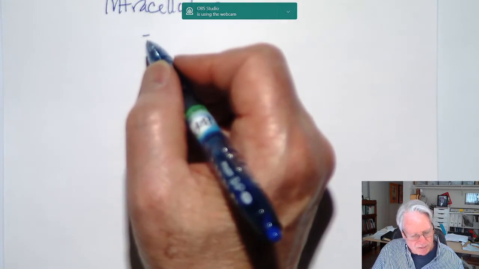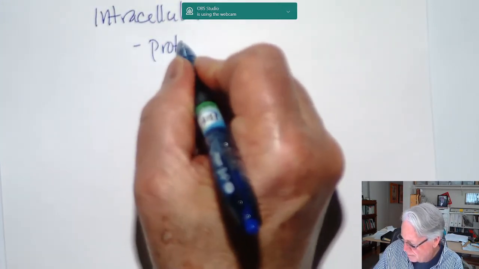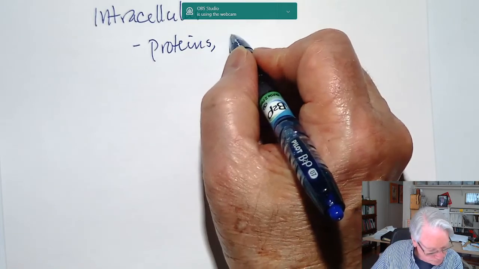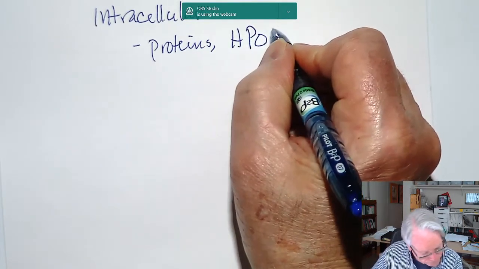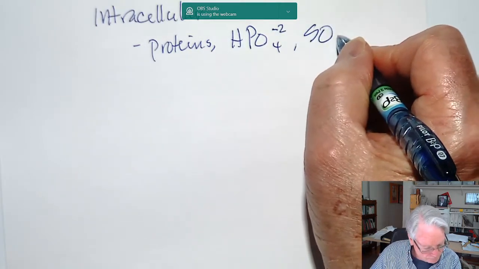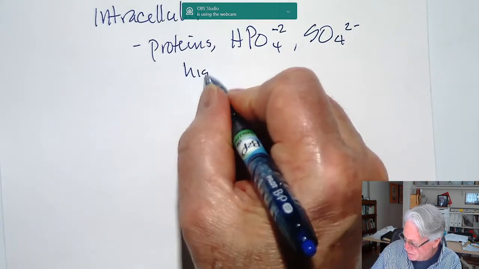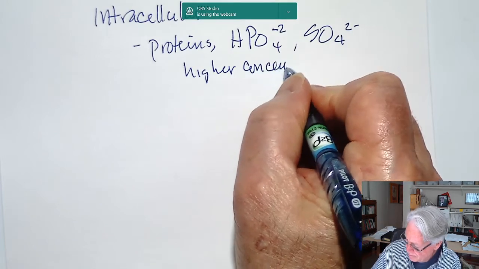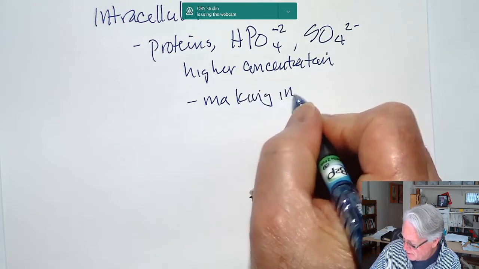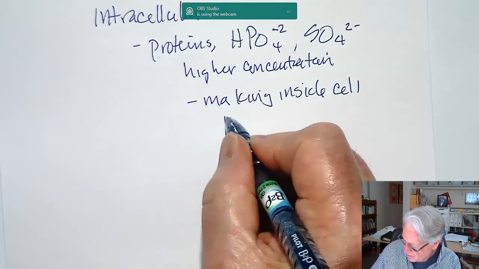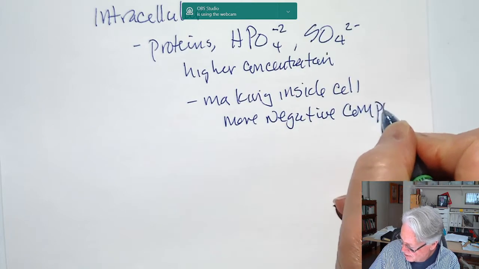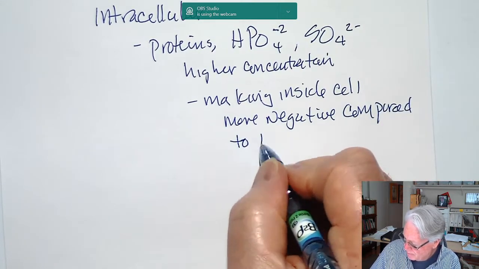As I mentioned, proteins, the organic phosphates, and sulfates have a higher concentration, making inside the cell more negative compared to the outside.